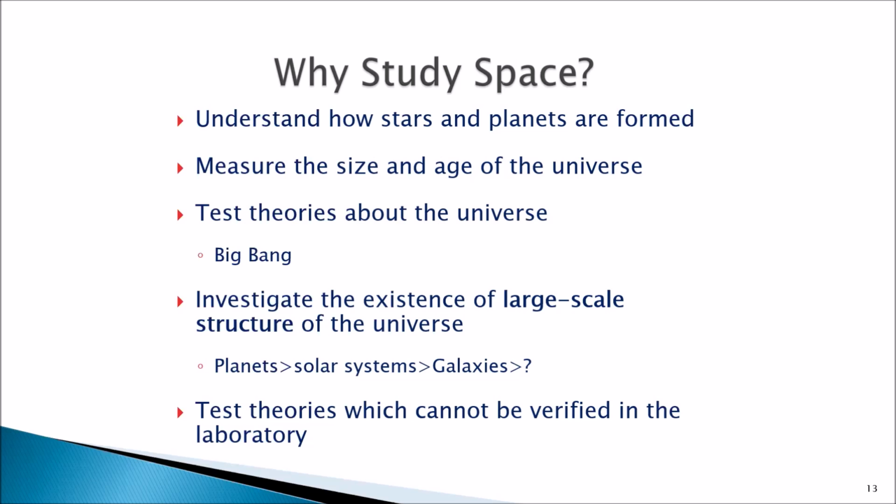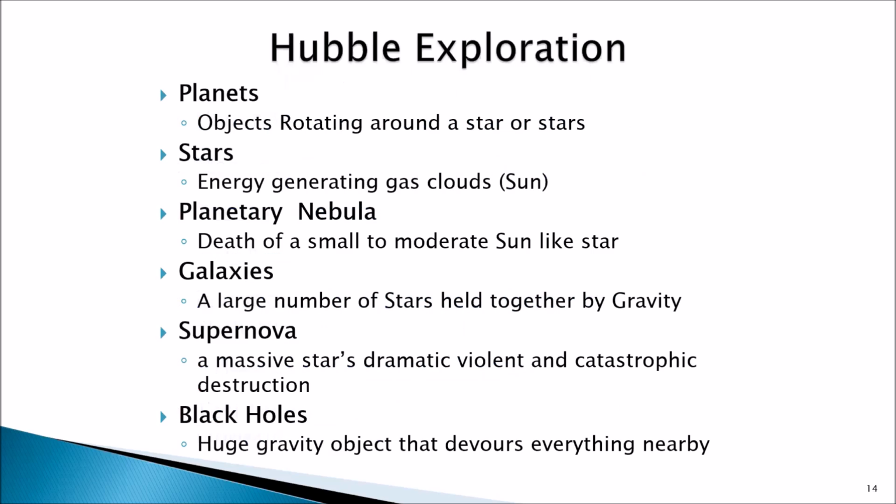But they also wanted to be able to test some of the theories that we could not verify in a lab. So briefly, what are some of the things that they looked at? They looked at planets, stars, planetary nebula, and I'll skip that for now, galaxies, supernovas, and finally black holes.